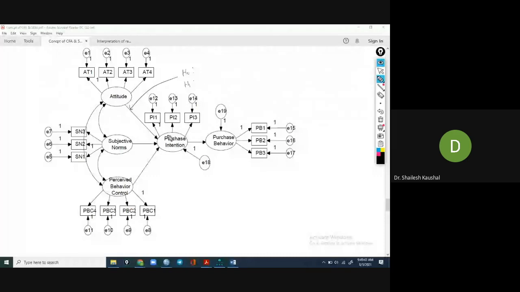H0 means there is no relationship between attitude and purchase intention. But the alternate hypothesis says there is a relationship between attitude and purchase intention, or we can say attitude influences purchase intention. So we can write the same hypothesis in many ways.